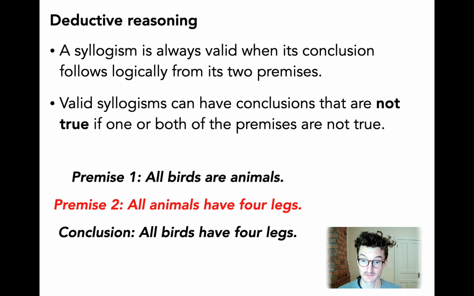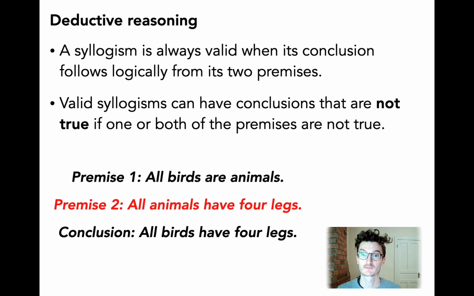That's incorrect. And so this leads to the valid but incorrect conclusion. And when I say valid, I mean logically valid. A logically valid conclusion based on the statements that came before, all birds have 4 legs. So that's a false statement, but the conclusion is valid based on the rules of logic. So there's an important distinction there. Valid doesn't necessarily mean true. It means that the conclusion follows from the statements that came before it.